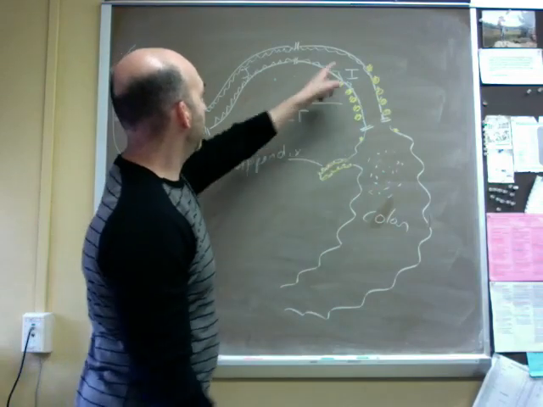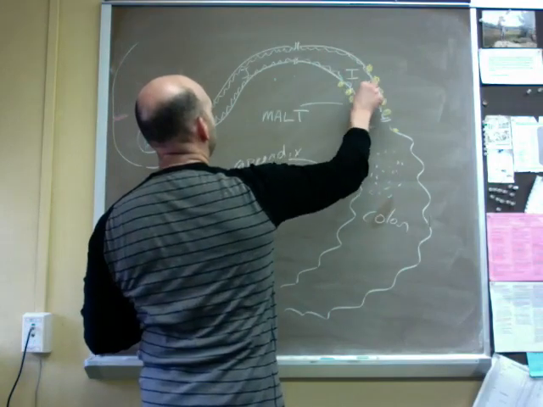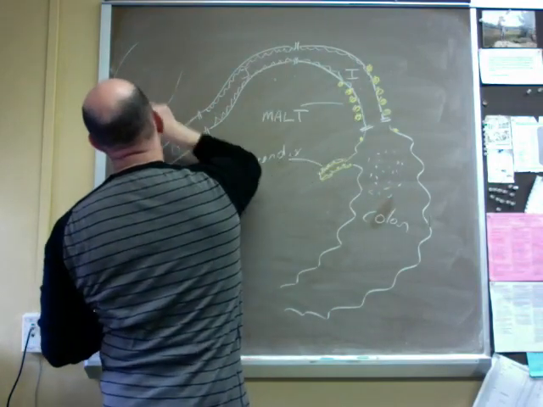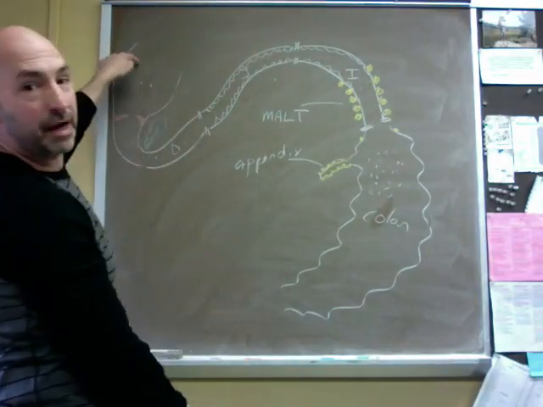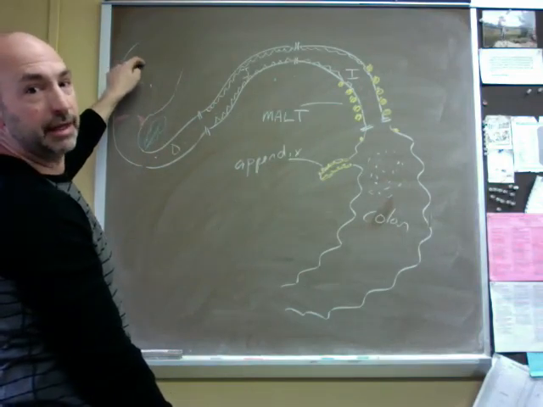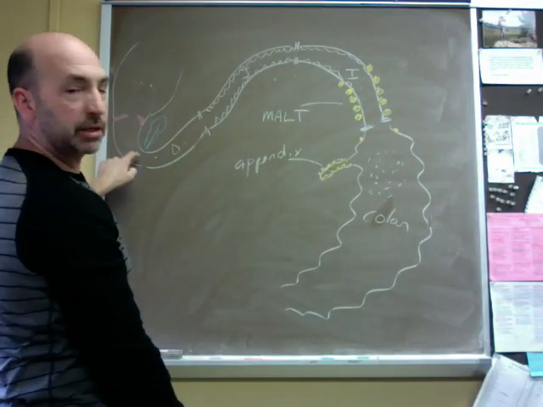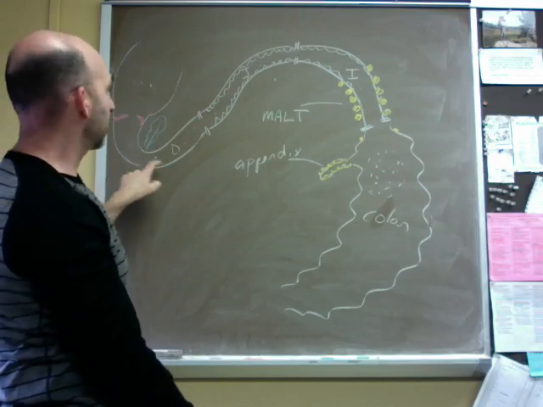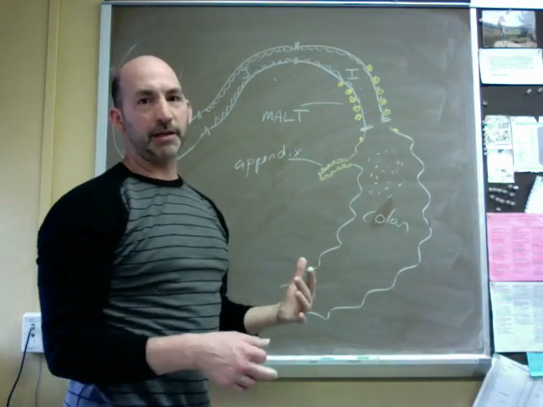Now that's not to say there aren't any bacteria here. They've just been dramatically minimized by the actions of the acidic stomach and then by the actions of enzymes, especially proteases, along the way. They've killed many of those bacteria.